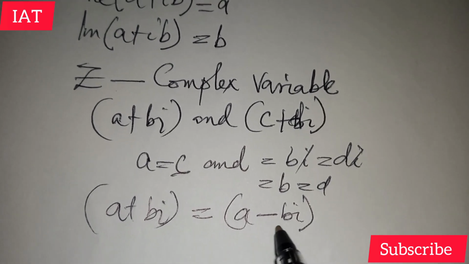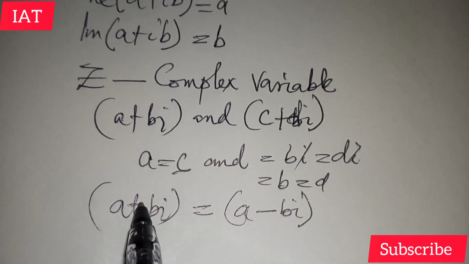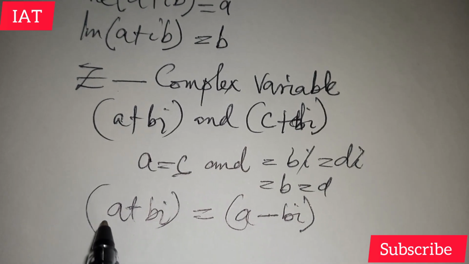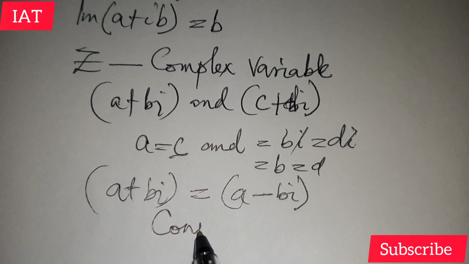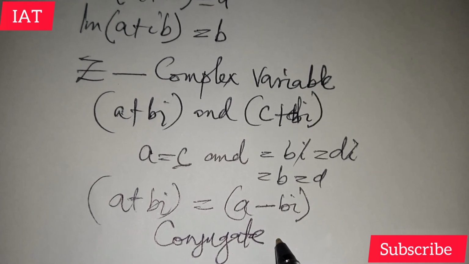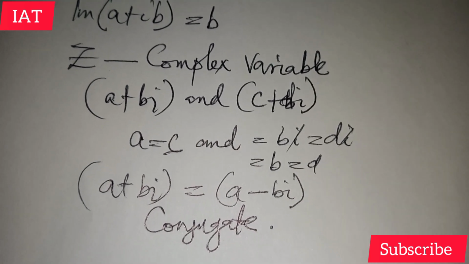This and this are exactly the same. What changes is just the sign. Instead of having plus, we change it to minus. So when you have it in minus, you can as well change it to plus when we are talking about the complex conjugate.